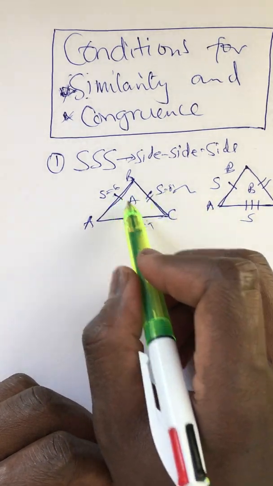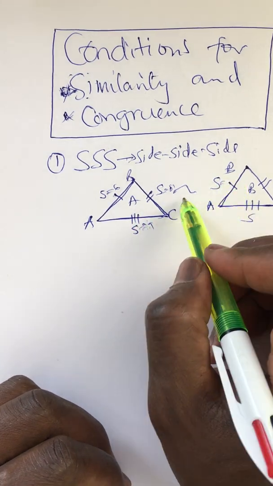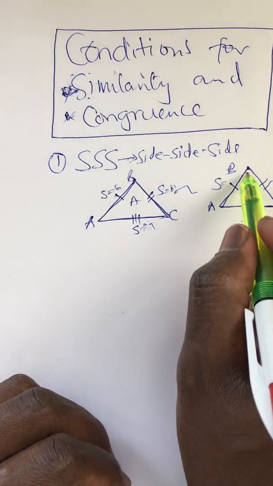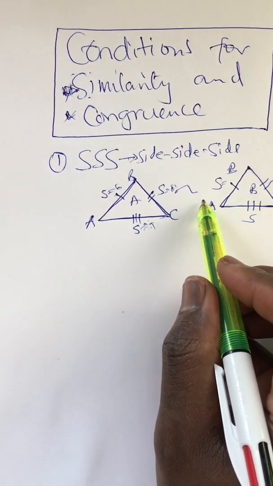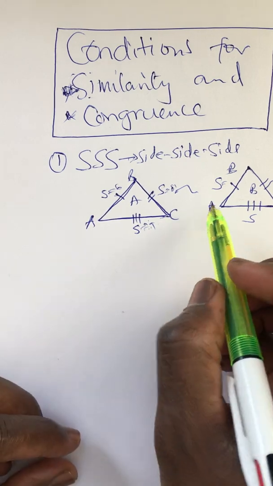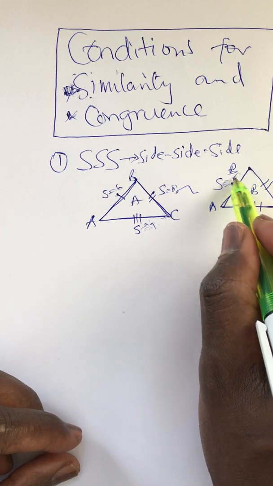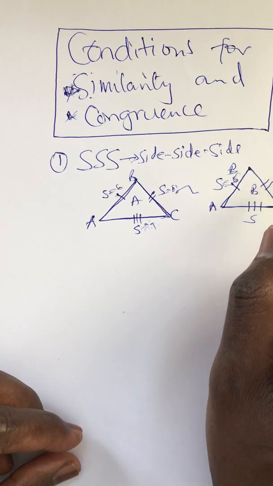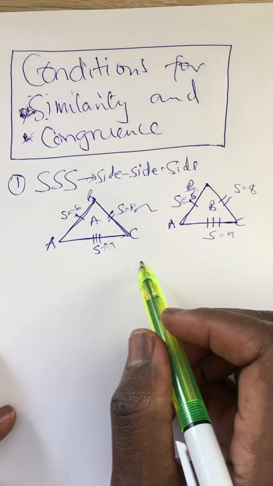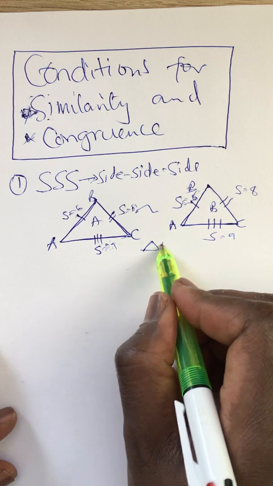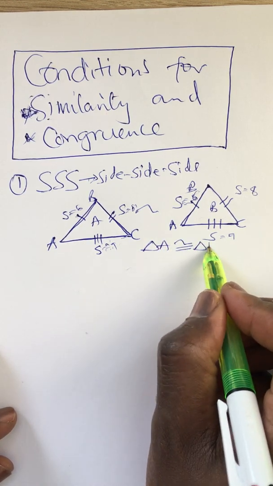But as long as the quantity of the sides are the same, it doesn't matter. Or you can even leave it like that, because this is enough to say that these triangles are really similar to one another. So when we create the quantity for the sides, we make similarity even stronger, because from here we can say triangle A is similar and congruent to triangle B.